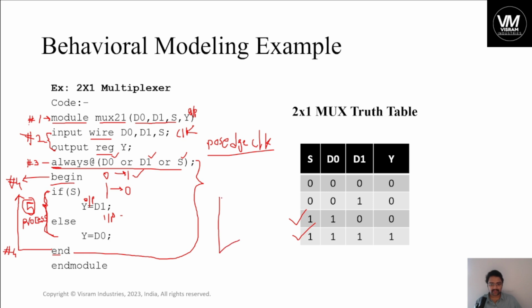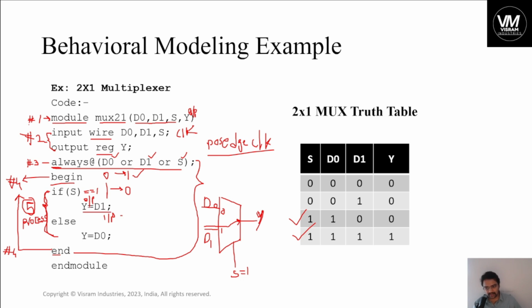Imagine this as a 2 by 1 mux, where you only have one selection, and this is D1 and this is D0. Then you have the output. So if S is equal to 1, what is the input? D1 will be the input. Whatever data is there will be transferred to Y. So Y is equal to D1. That's what we are telling.